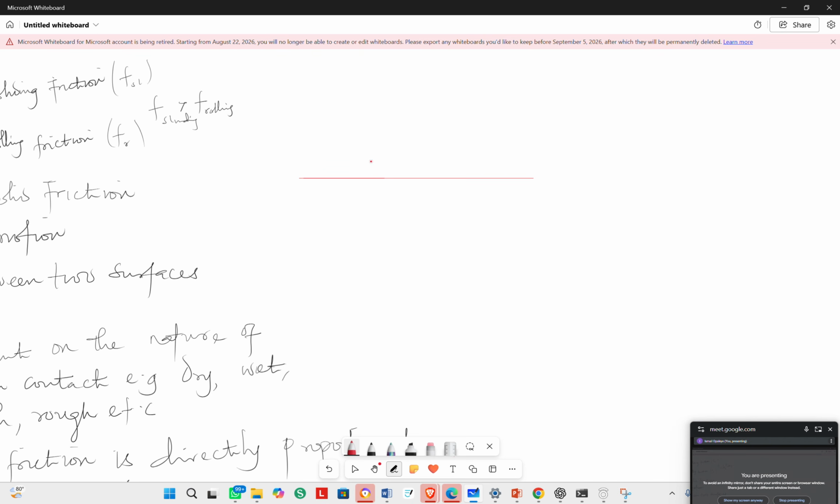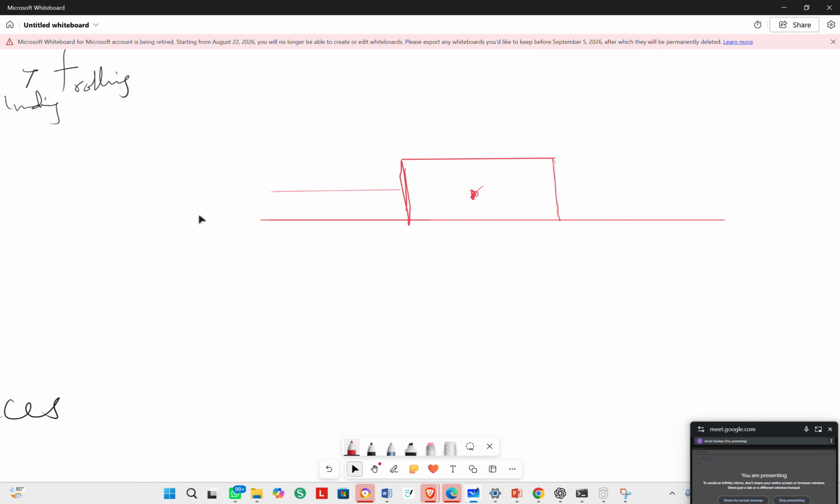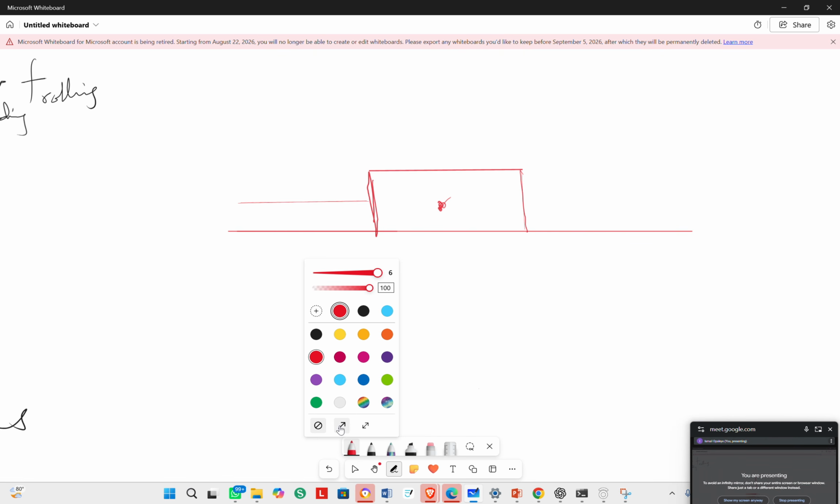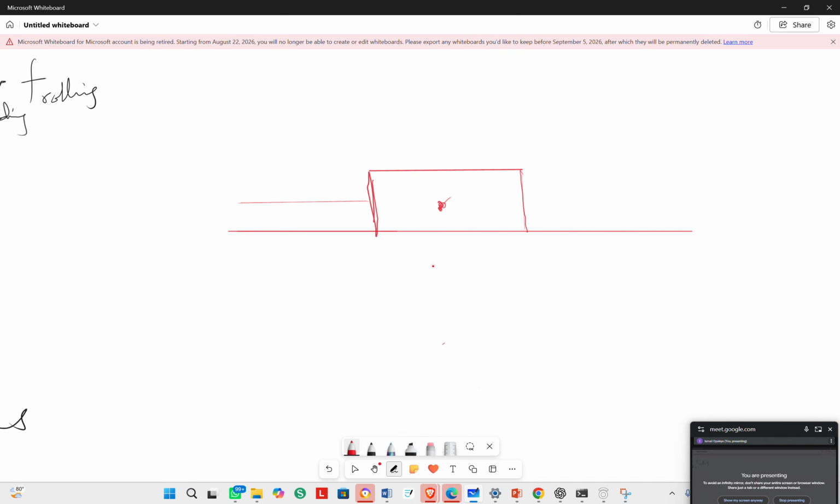Suppose you have this object here. Now let's say this is the center point here. There are some forces. You apply a force along this direction. Let me zoom it in so that we can see it properly.